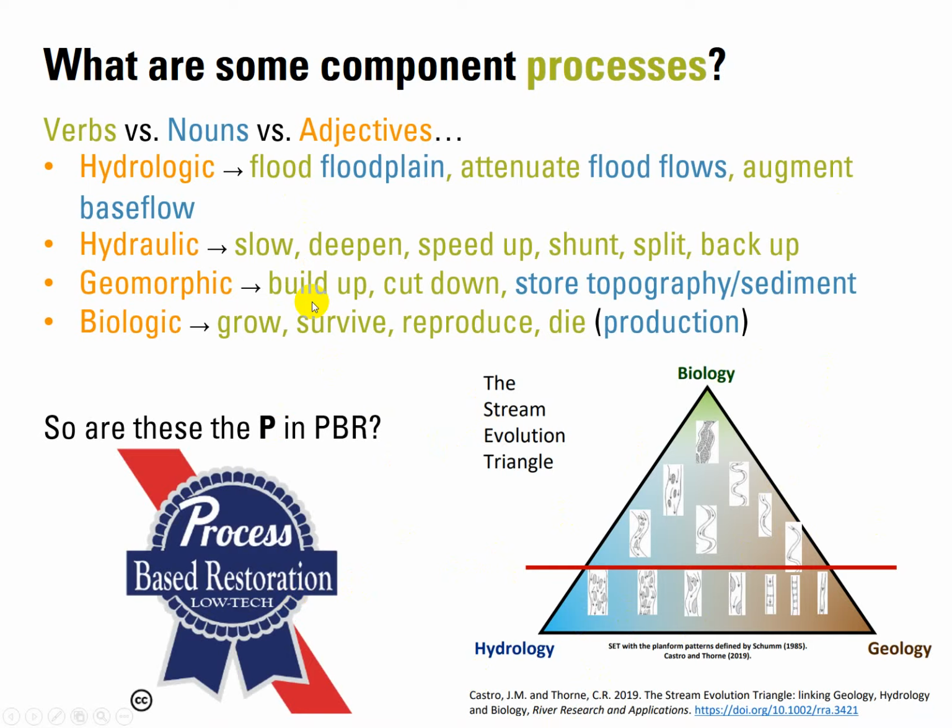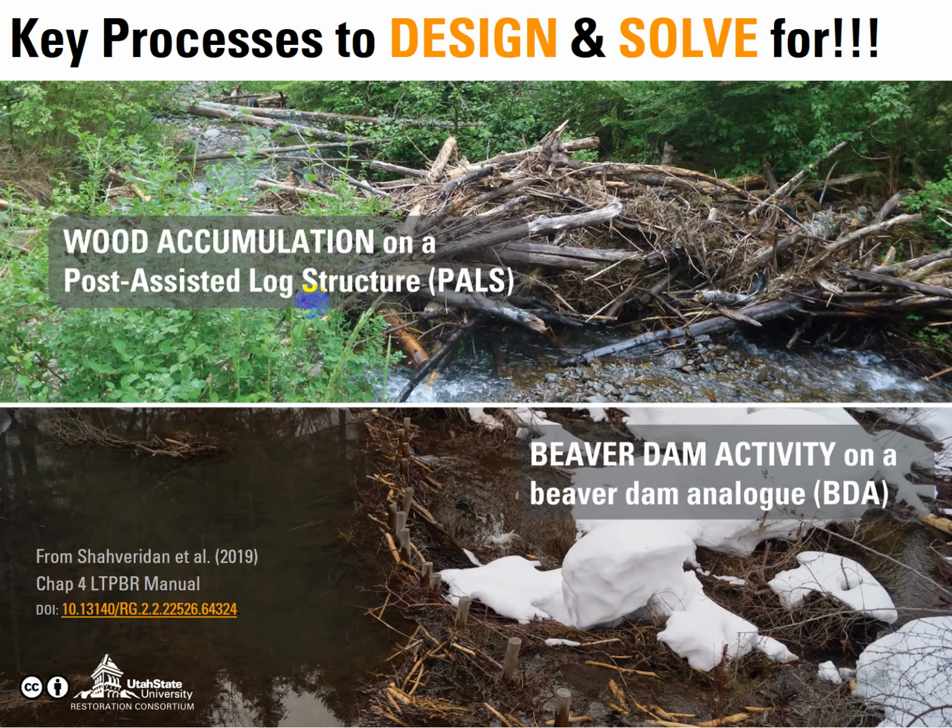Well, we could, but it's actually easier, kind of analogous to focusing on a keystone species like, I don't know, a beaver or a salmon as an indicator of overall health. The key processes we tend to focus on in low tech are wood accumulation and beaver dam activity.